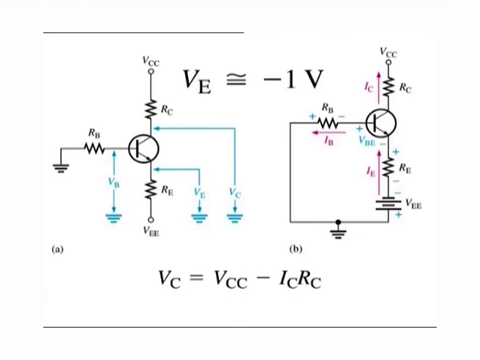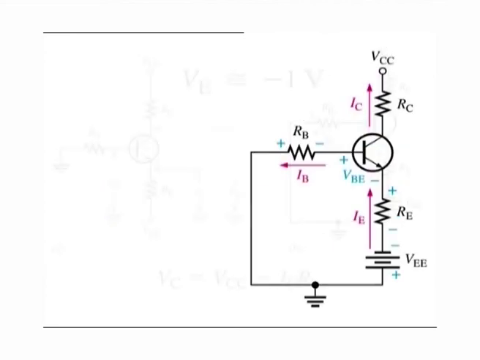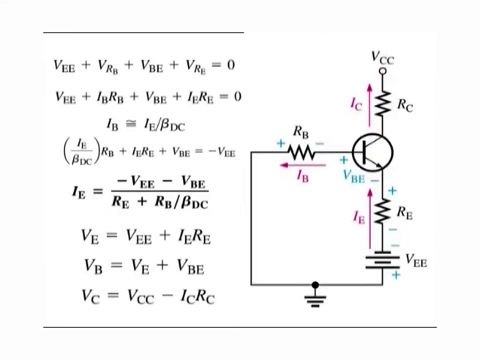In this case, Kirchhoff's voltage law can be applied as follows to develop a more detailed formula for IE. Kirchhoff's voltage law applied around the base emitter circuit in part A of the figure here, which has been redrawn in part B for analysis, gives the following equation: VEE plus VRB plus VBE plus VRE is equal to 0.